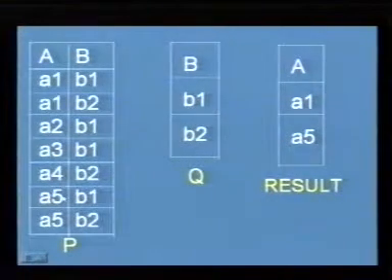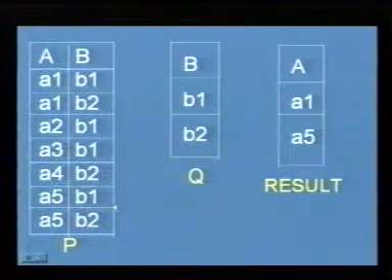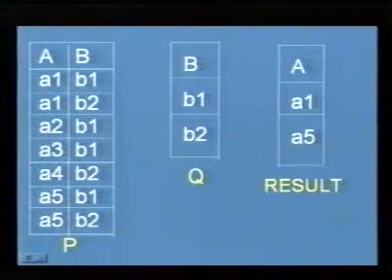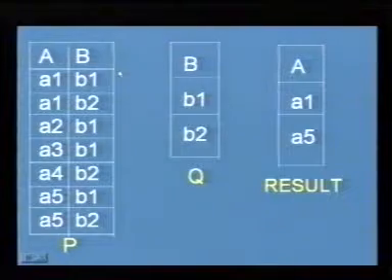Whereas A5 is associated with B1 as well as B2 and therefore it falls in the result. Thus, the result will contain only those attribute A values for which B1 and B2 both are associated with A.